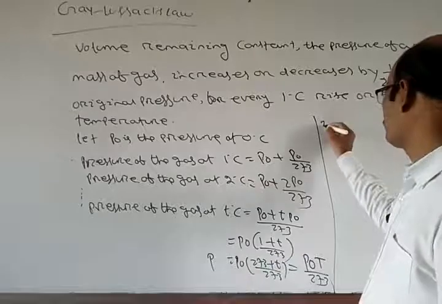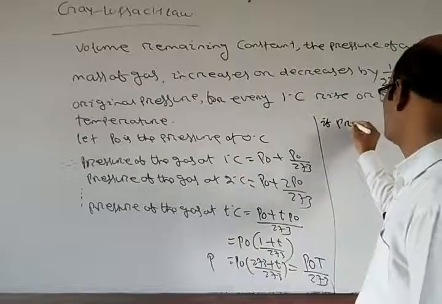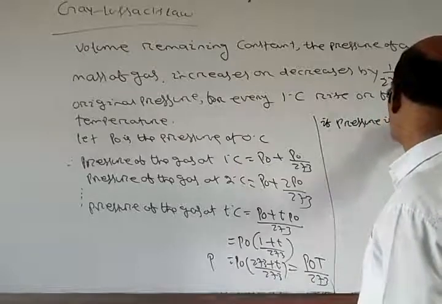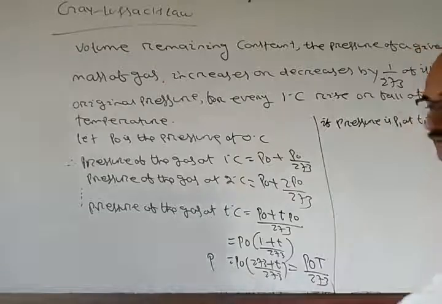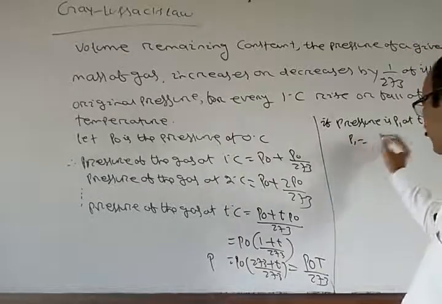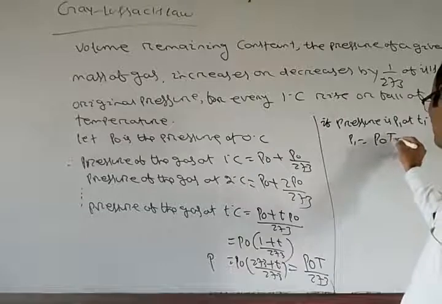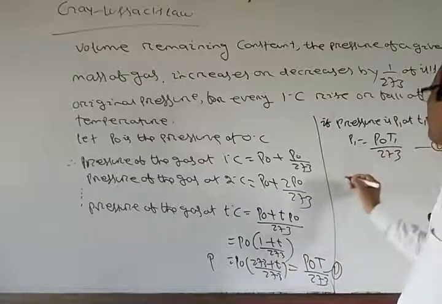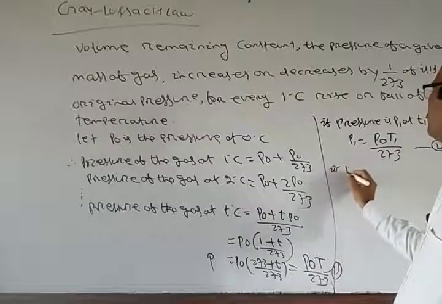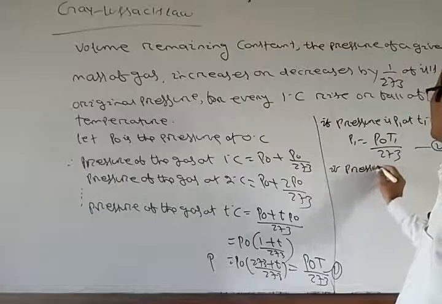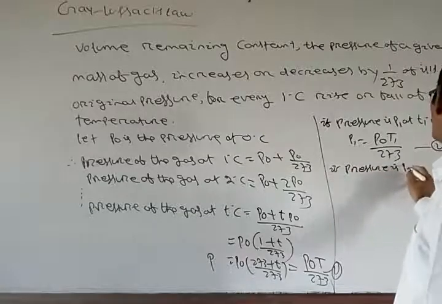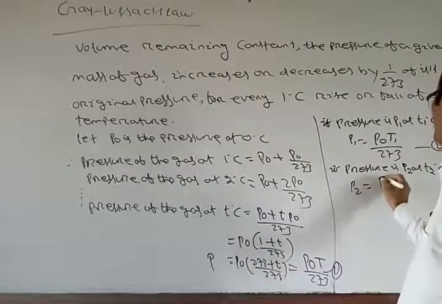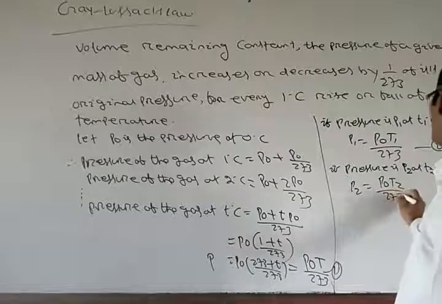Now if pressure is P1 at T1 degree centigrade, then P1 is equal to P0 T1 by 273, and if pressure is P2 at T2 degree centigrade, then P2 equal to P0 T2 by 273.